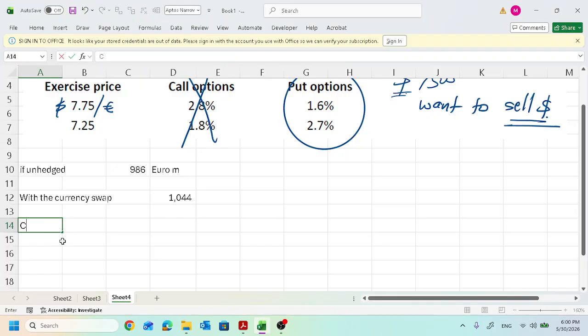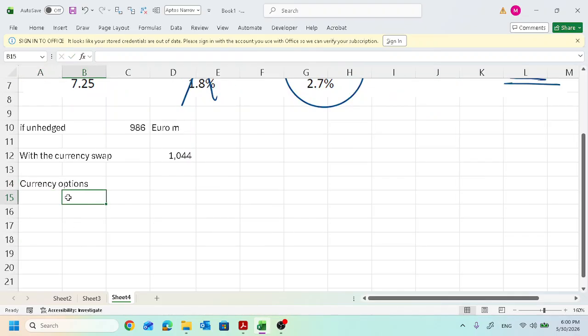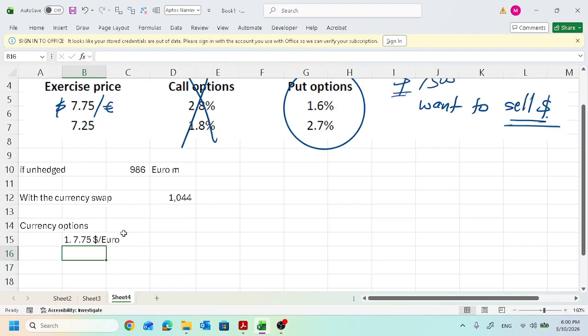Now options. Currency options. Let's take one by one. First one, $7.75 per euro. So what will happen? You look at the spot rate. What is the spot rate? Spot rate we calculated.